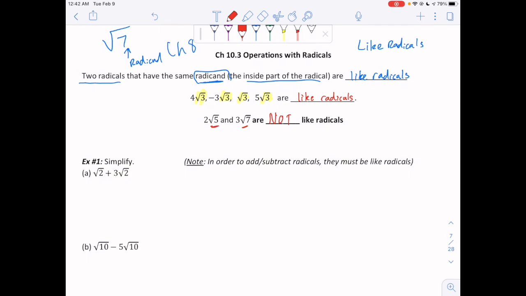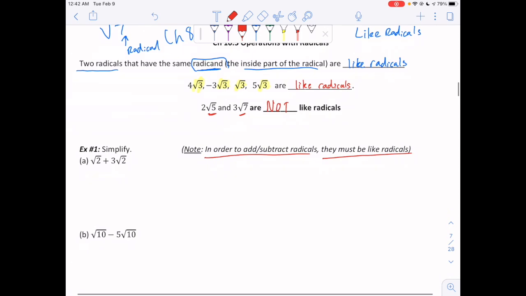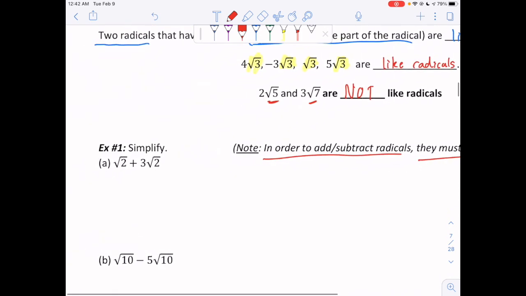So the cool part is that like terms and like radicals, you do exactly the same thing when you add or subtract them. So again, in order to add or subtract radicals, they must be like radicals. So in this case here, radical 2 plus radical 3, we could simplify this. Fun fact, that invisible number here is 1 radical 2 plus 3 radical 2. That will get you 4 radical 2.